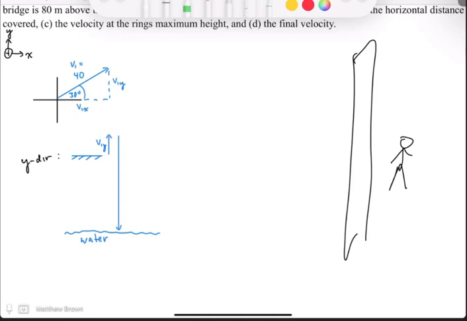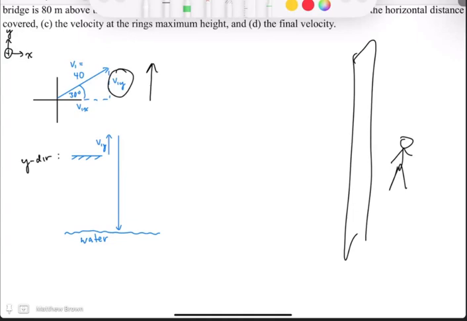You can't perceive its x direction velocity at all, right? As far as you're concerned, as far as you can see through this screen that only lets you see if it's going up and down, this situation is exactly the same as if this guy threw his wedding ring straight up with V1Y.